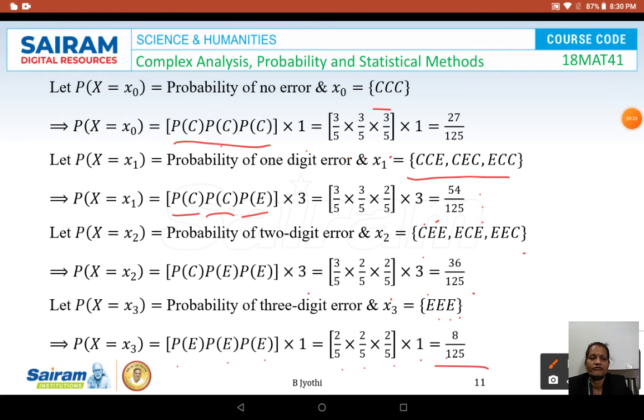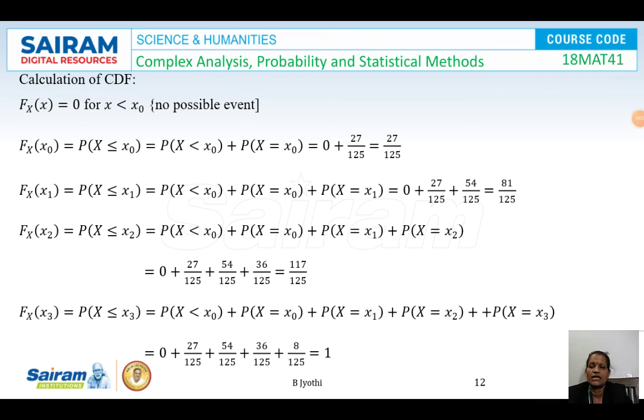So these are all the values we have got. Now the calculation of the CDF is given by F of x equal to 0 for x less than x0, no possible event. Here x less than or equal to x0 means P of x less than x0 plus P of x equal to x0, that is 0 plus 27 by 125, which gives us 27 by 125.